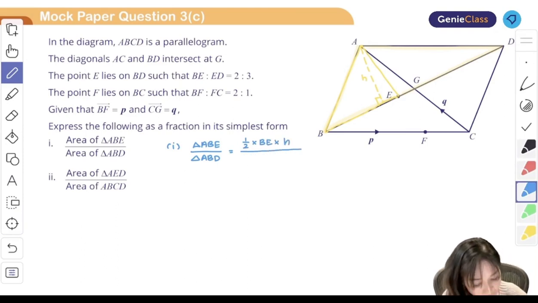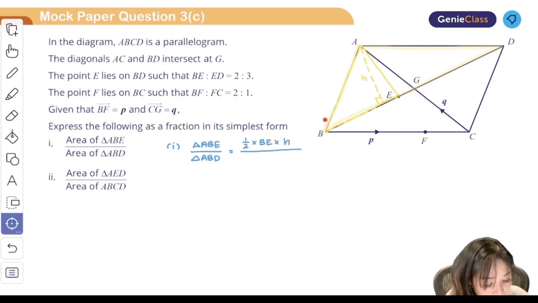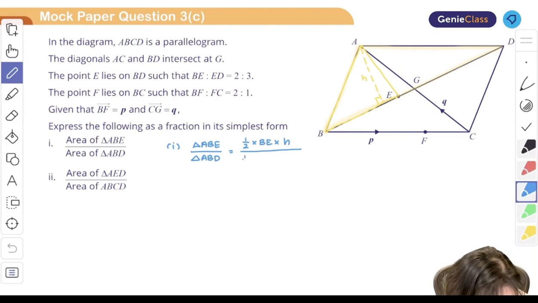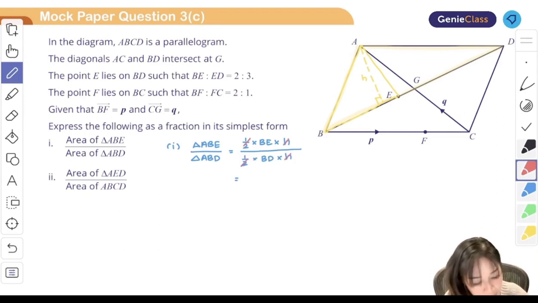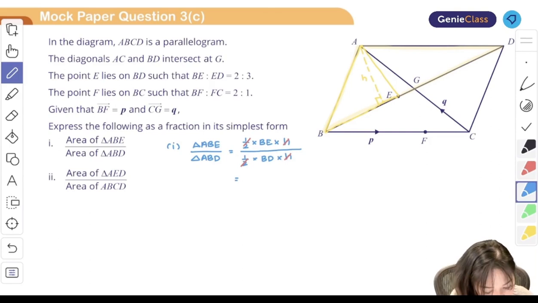Then for triangle ABD, I have half times base and my height is still the same, same line. It's half times BD times height. Then I realize I can cancel out the half, I can cancel out the height, so I get BE over BD, which is my fraction 2 over 5.